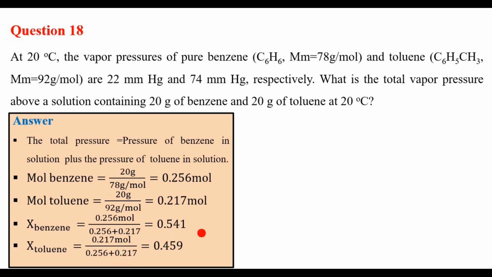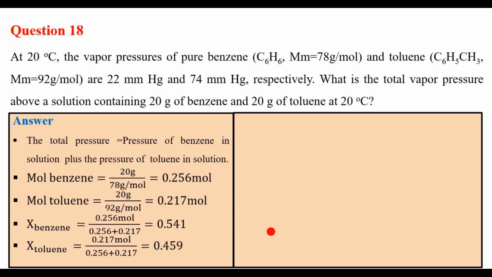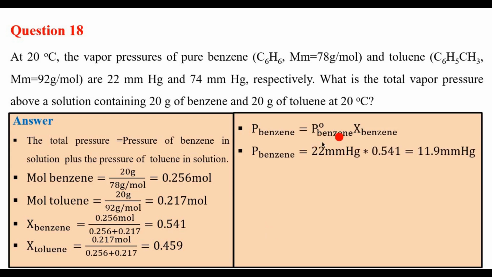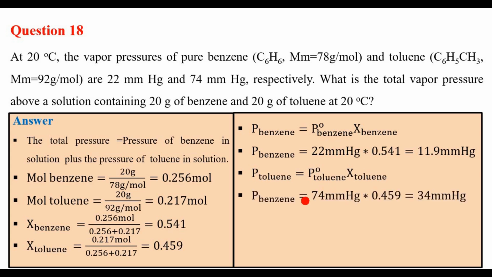Then from this, you can find the vapor pressure of the benzene and the vapor pressure of toluene by taking the vapor pressure of the pure benzene times the mole fraction, and we get 11.9 mm mercury. The vapor pressure of the toluene will be equal to the vapor pressure of the pure toluene times the mole fraction of toluene. We also get this one.